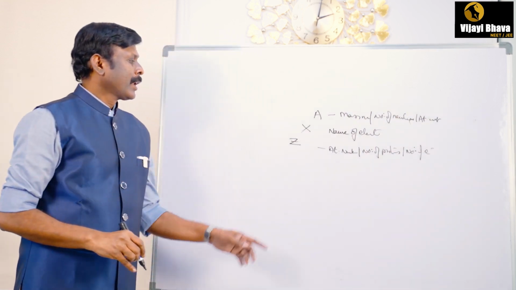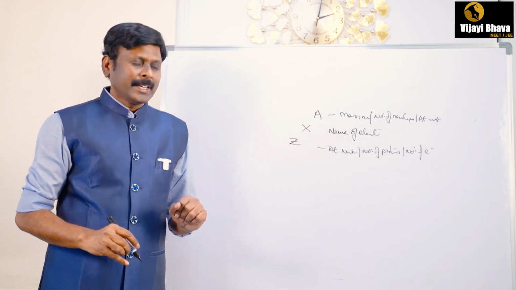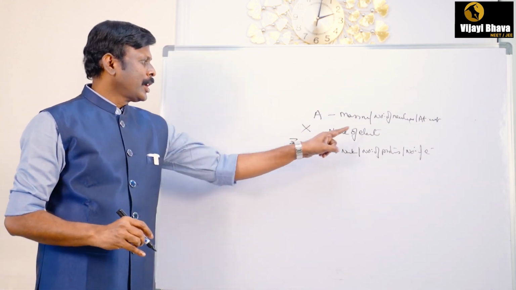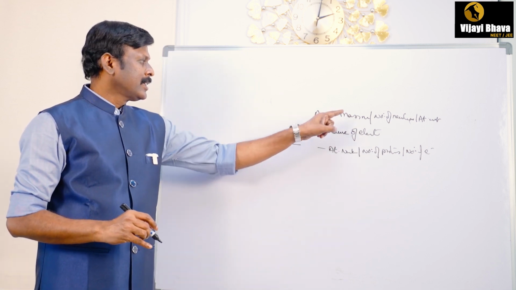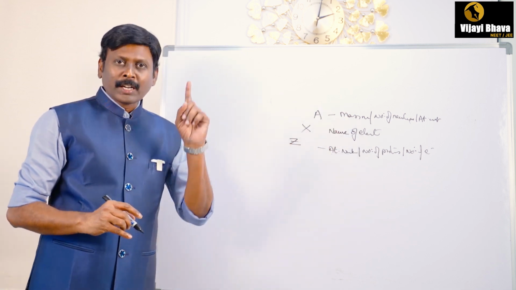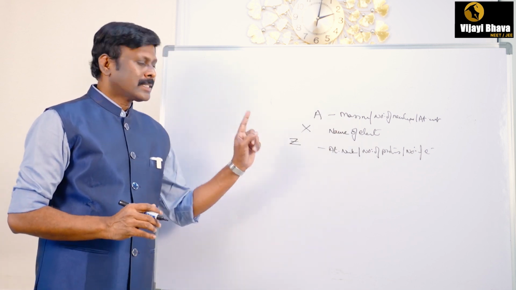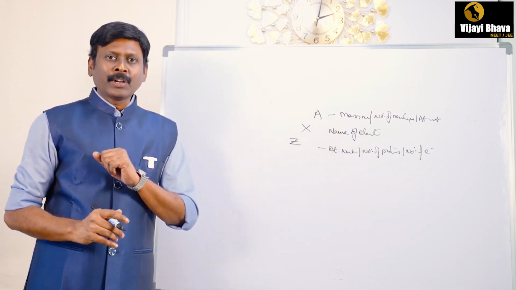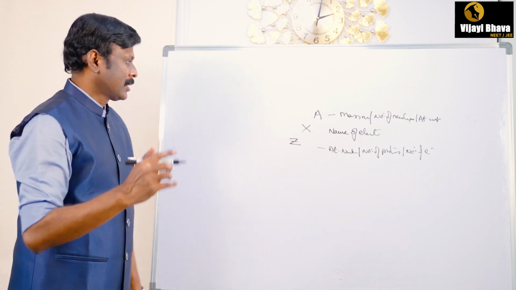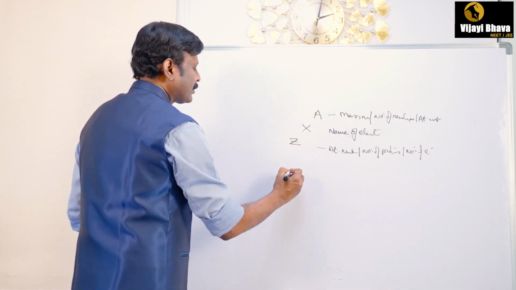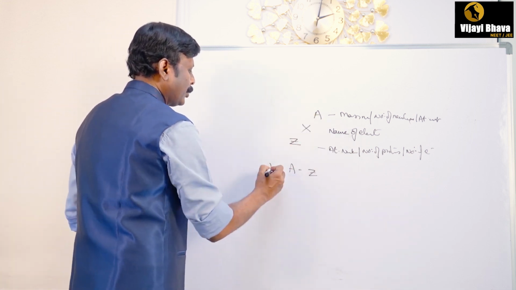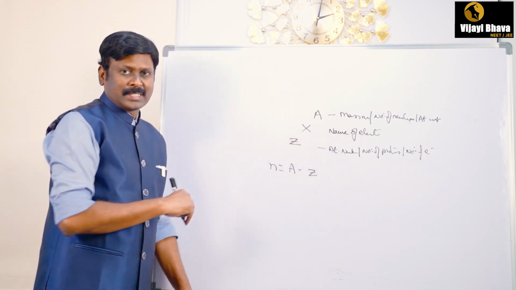I repeat, this is how to represent an element where X is the name of the element, A is its mass number or number of nucleons, otherwise the atomic weight, and Z is the atomic number, the number of protons or the number of electrons. And the difference of A and Z gives the number of neutrons.